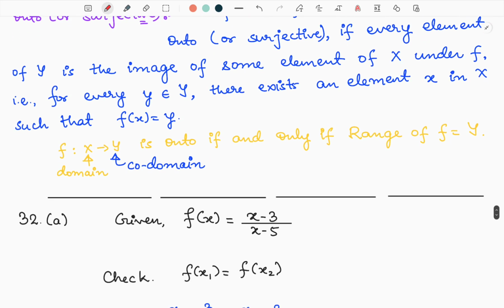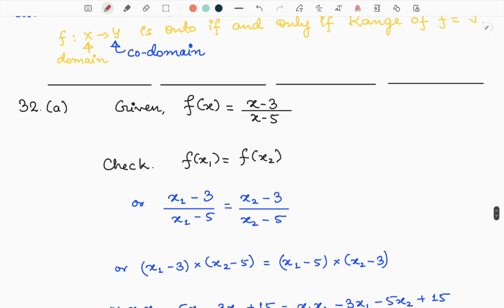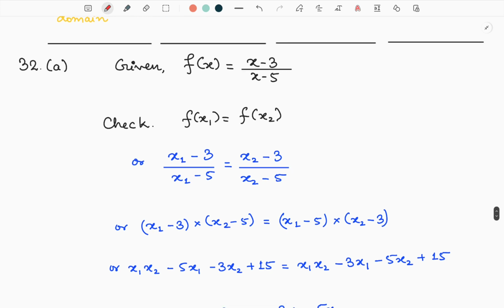Let's start with the proving. To check whether a function is one-one or onto, we should check whether f(x1) is equal to f(x2) or not. If you put x1 in f(x) and x2 in f(x), you will get (x1 − 3)/(x1 − 5) = (x2 − 3)/(x2 − 5).